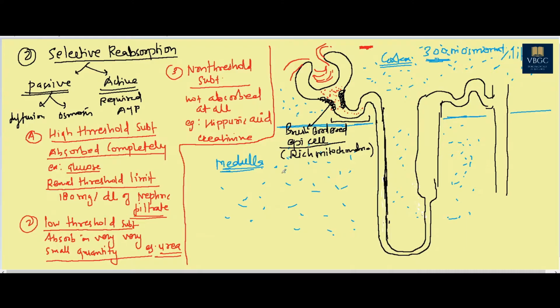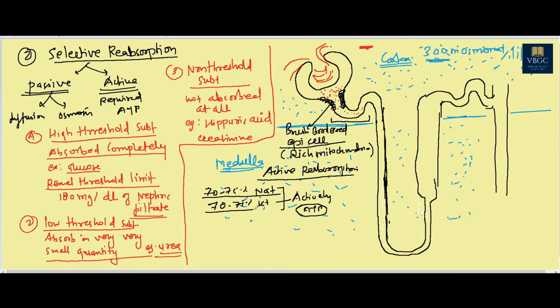When I talk about active reabsorption, in this case near about 70 to 75% of sodium and near about 70 to 75% of potassium get reabsorbed actively, meaning with the help of ATP.